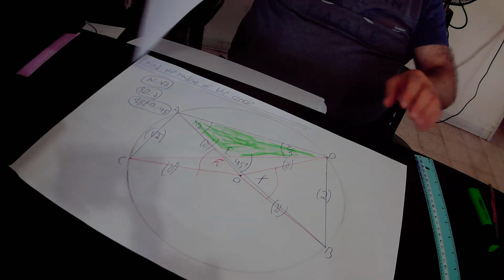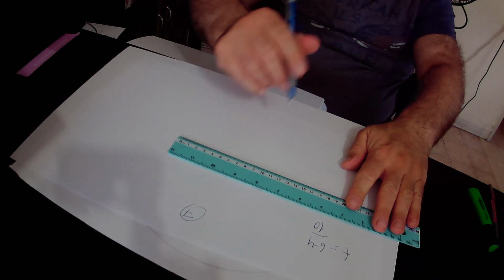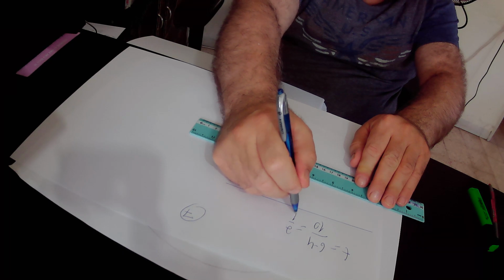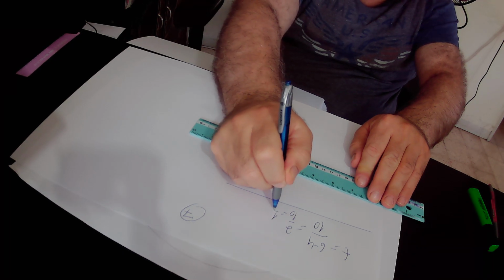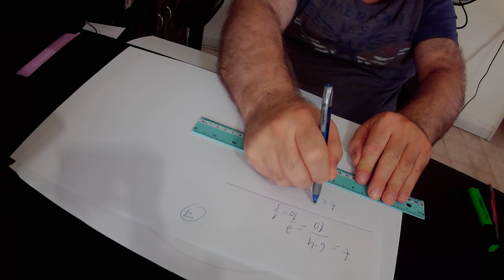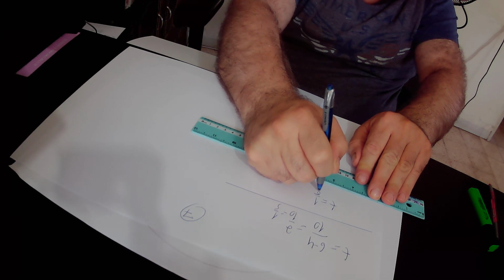So 6 minus 4 is 2, and 2 over 10 is 1/5.